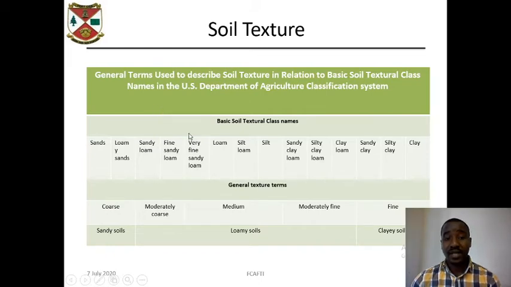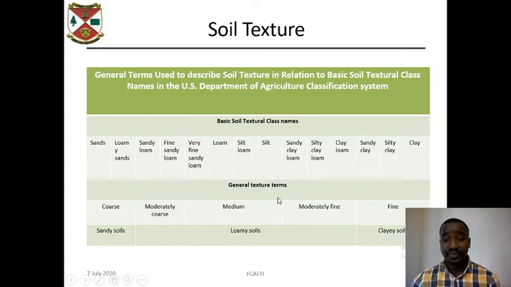These are the basic soil textural names: sand, loamy sand, and these are the ones that we found from the soil textural triangle. There are 12.